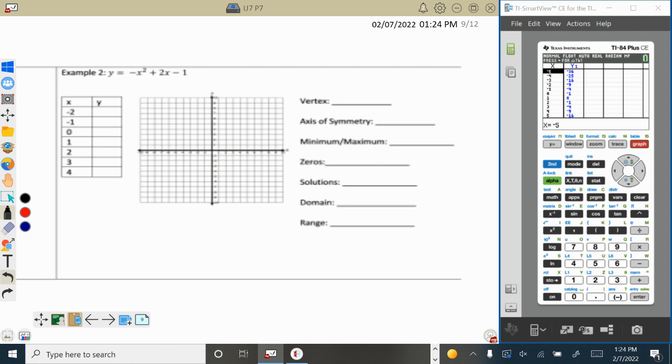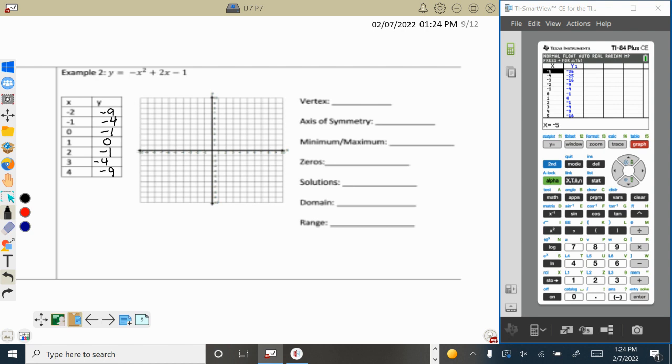So at -2, our y is -9. At -1, our y is -4. And then at 0, -1, then -1, -4, and -9.